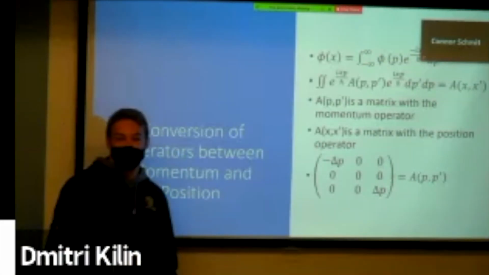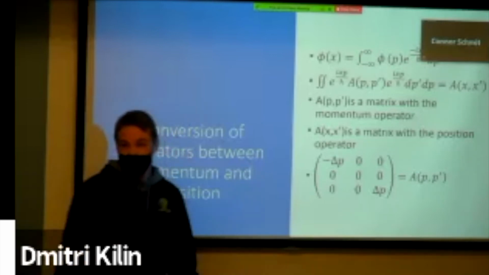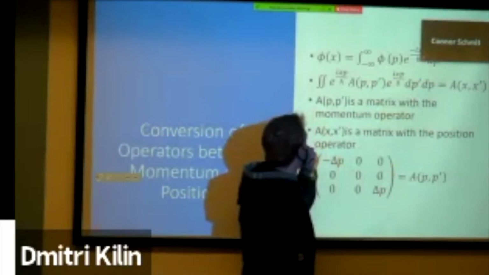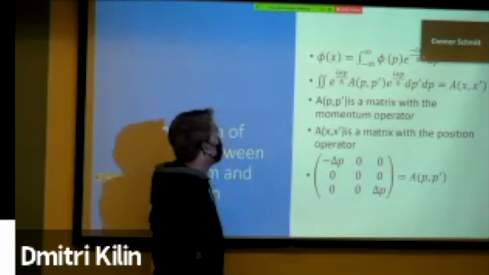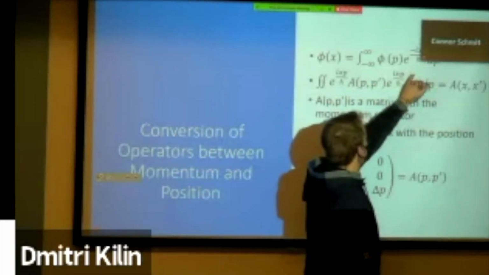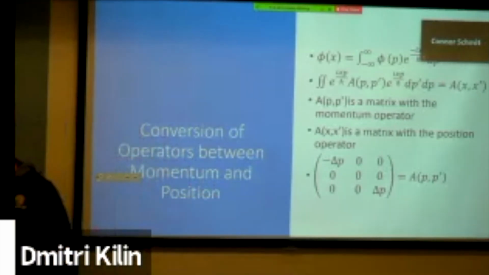And now the conversion of operators between momentum and position. In this top corner, or right here, it's just the integral between negative infinity and infinity of our wave and our e^(i position momentum over h bar).